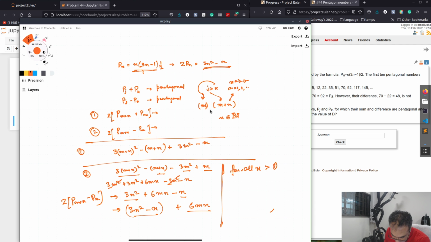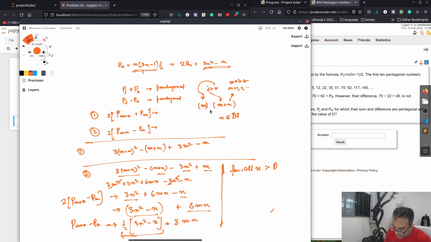So or rather, p(m plus n) minus p(m) is going to be equal to a half of 3n squared minus n plus this is 3 times m times n, right? So for all values of n, this part is going to be a pentagonal number.